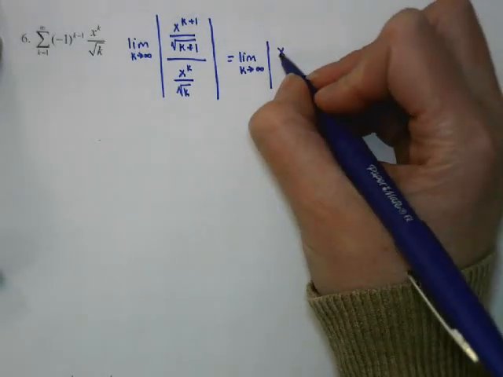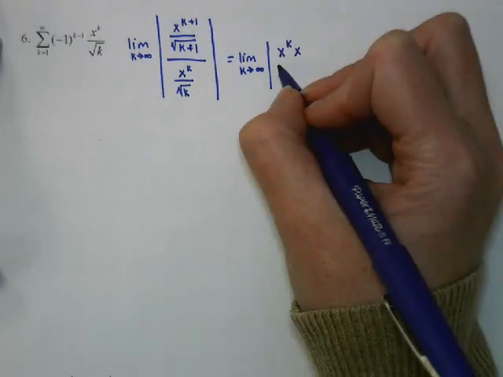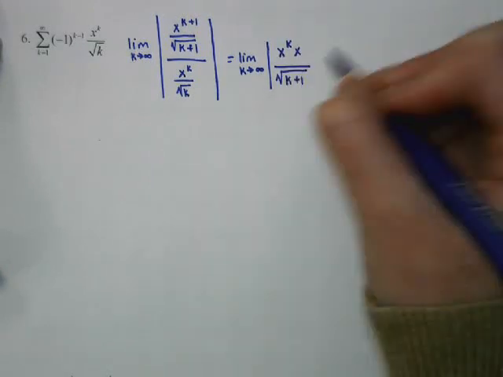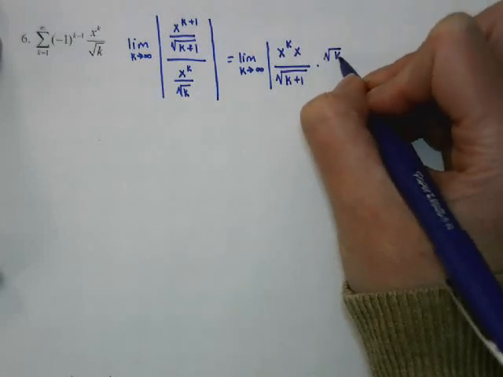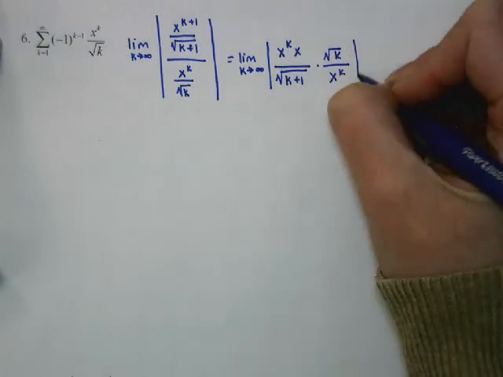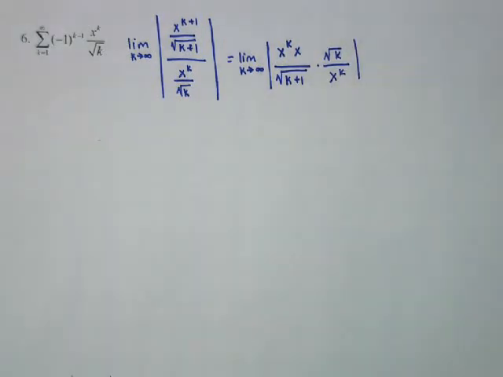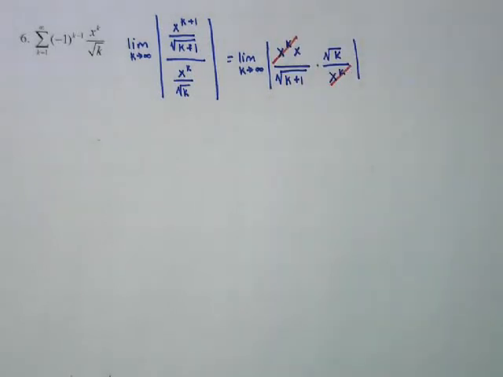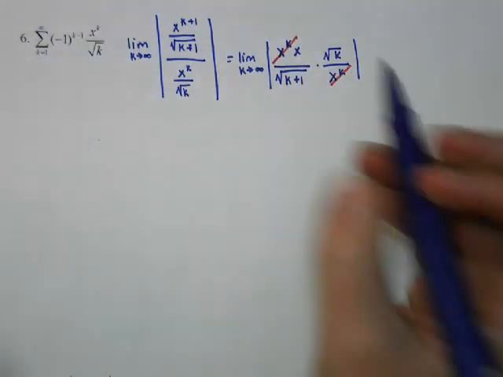Just like always, this will be x to the k times x over the square root of k plus 1. It's the square root of k over x to the k. Don't get to cross off as much stuff this time, but that's all right.